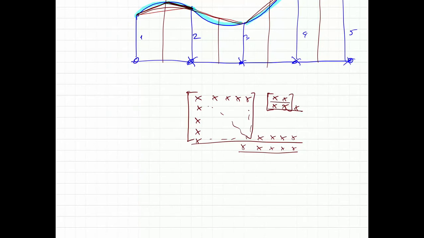Or if you have quadratic element, you have 1, 2, 3, 1, 2, 3, 1, 2, 3. Quadratic element is gonna make the stiffness matrix look like this. So 3 and the widest part 6.